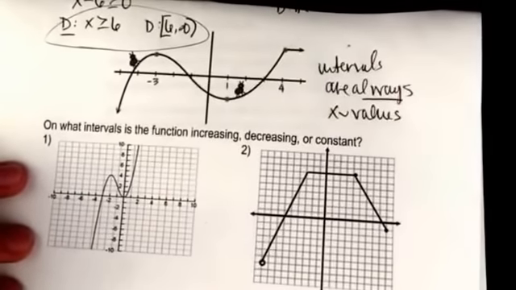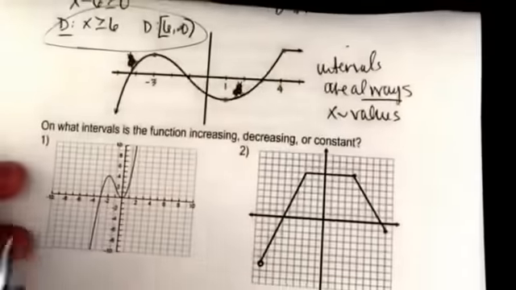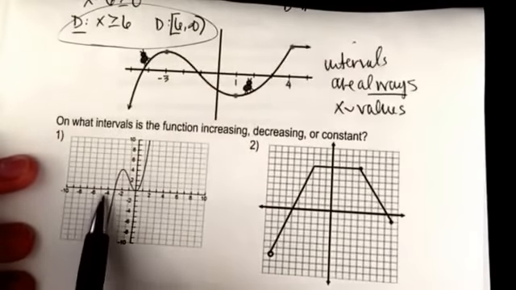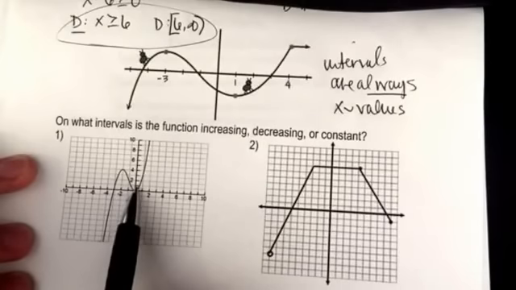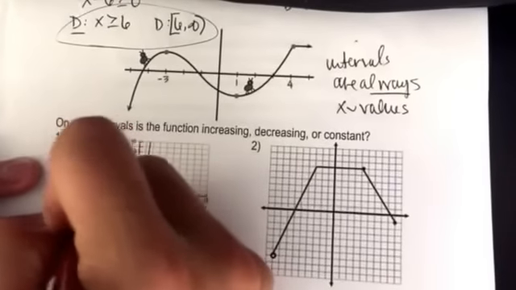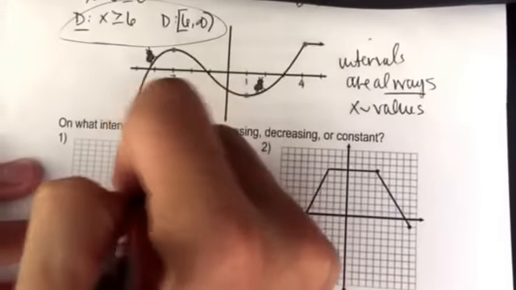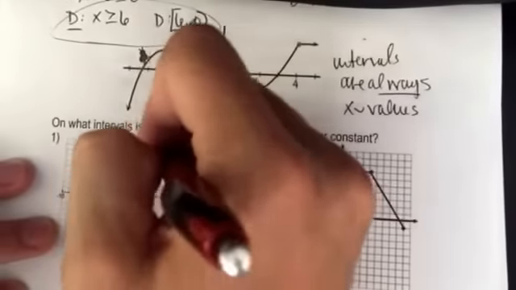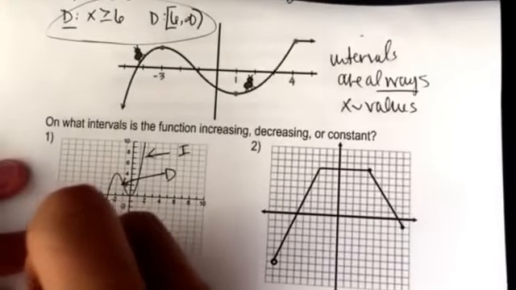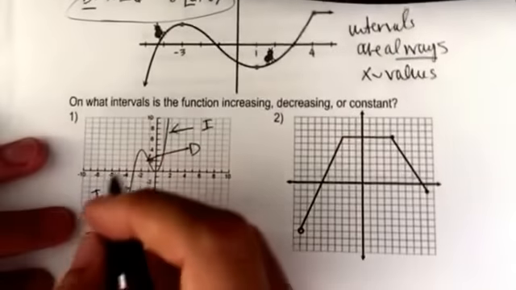So in number 1, if I read the graph from left to right, the graph is going up, goes down, goes up. So we've got an increase interval, we've got a decrease interval, and we've got an increase interval. So what we're going to do is express each of those intervals in interval notation.